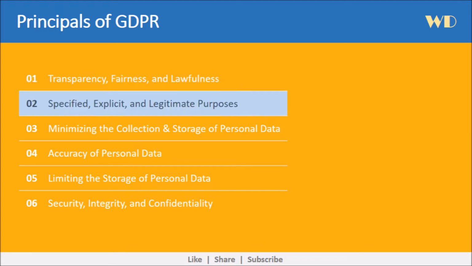Second on this list is specified, explicit, and legitimate purposes. This principle demands limiting the processing of personal data to specified, explicit, and legitimate purposes. You will not be able to reuse or disclose personal data for purposes that are not compatible with the purpose for which the data was originally collected. Let's understand this with an example.